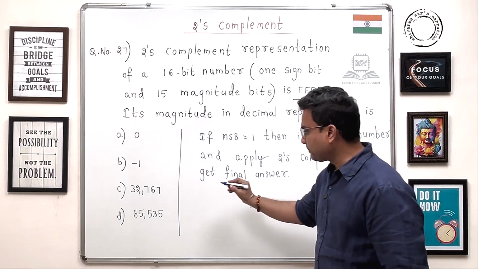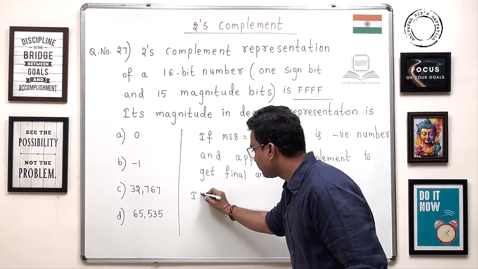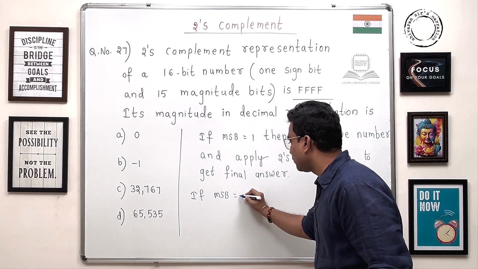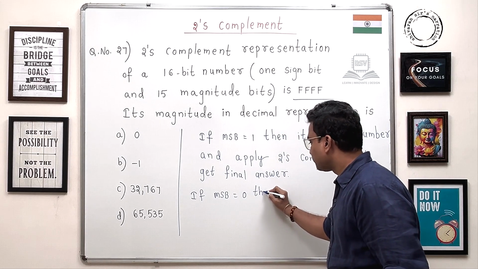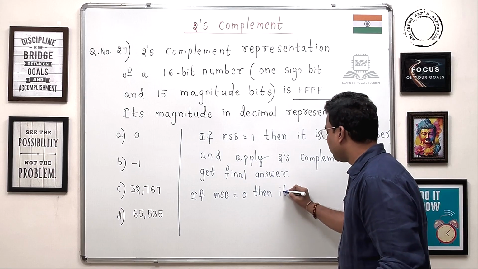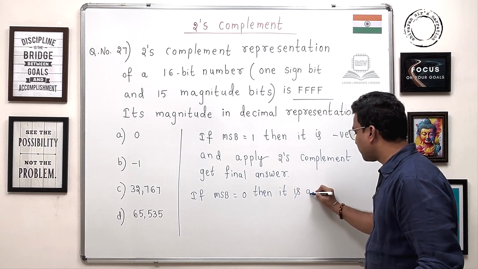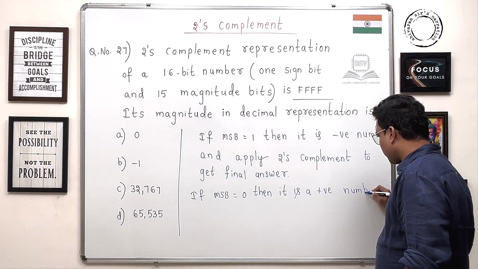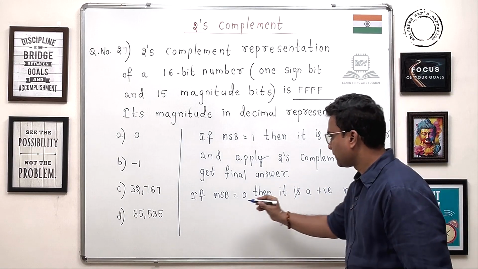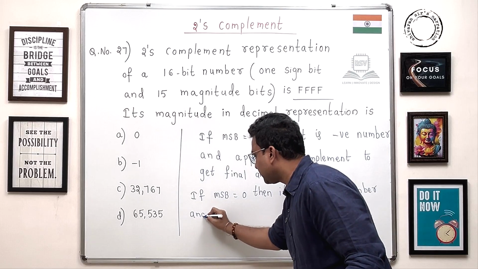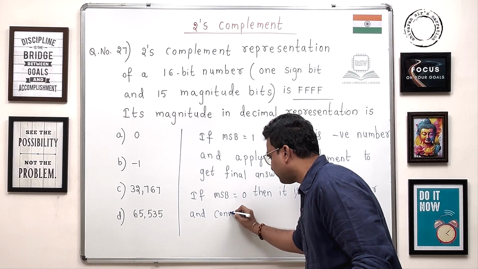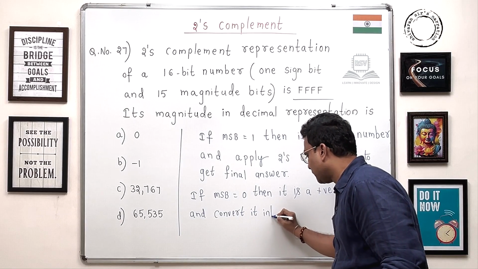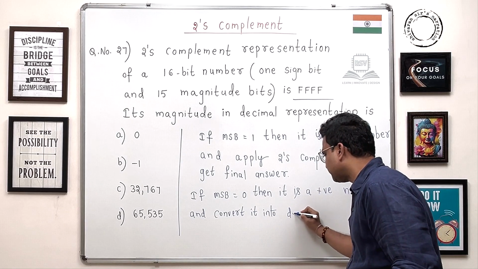That's it. So let me write it. If MSB is equal to 0, then it is a positive number, and convert it into decimal to get the final answer.